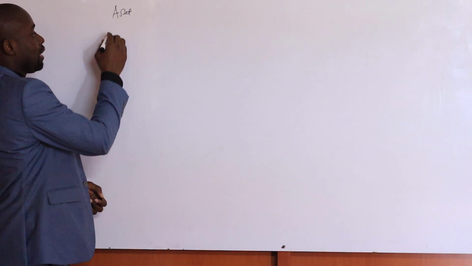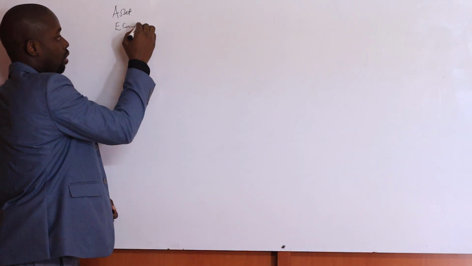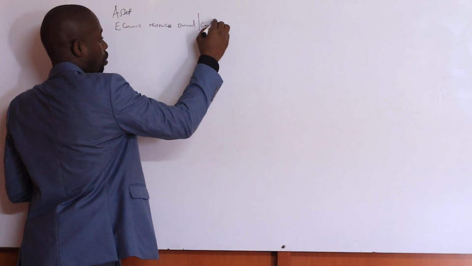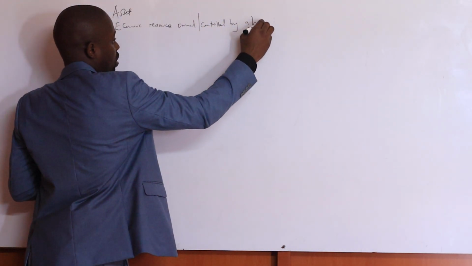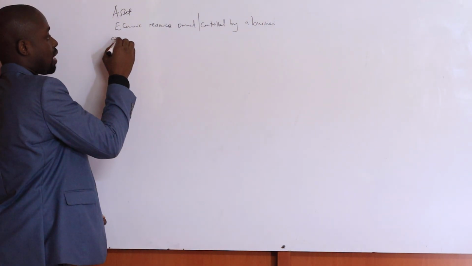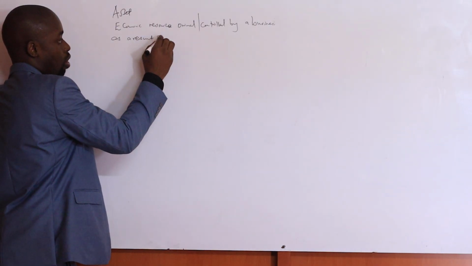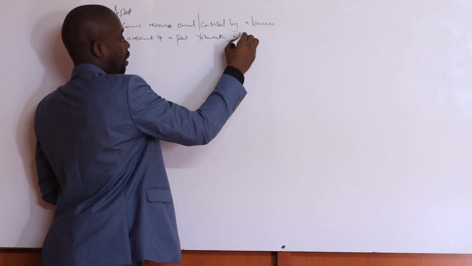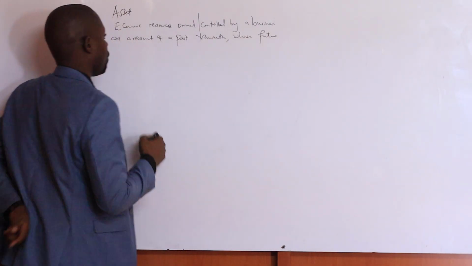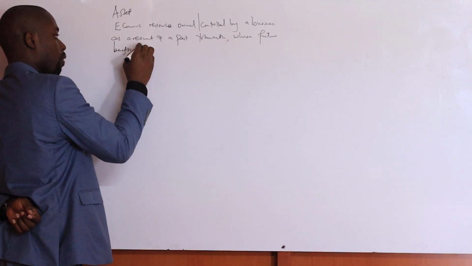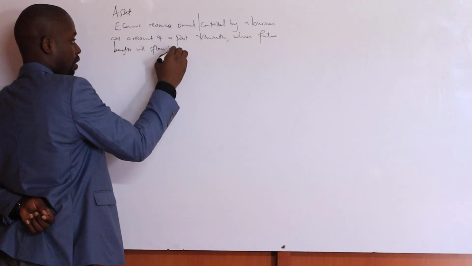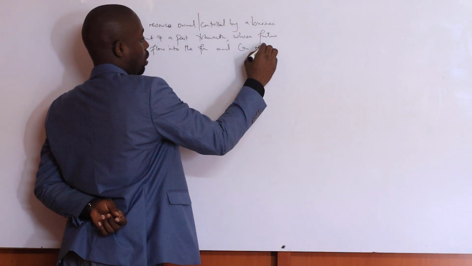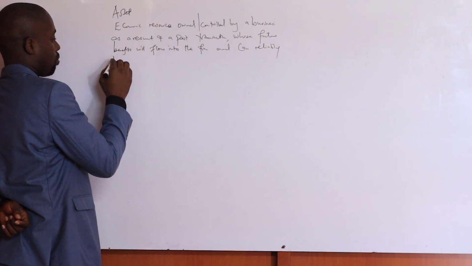We are saying an asset is an economic resource owned or controlled by a business or a firm as a result of a past transaction, whose future benefits will flow into the firm, and can reliably be measured in monetary terms.